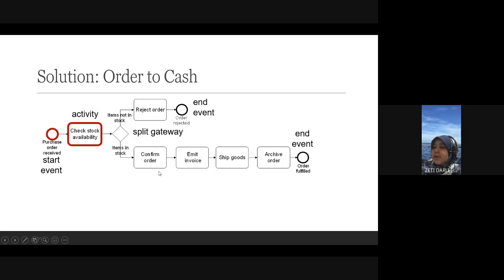Contohnya kat sini confirm order, the first one, emit invoice, ship goods and archive order. Then you go to the end event. If item not in stock, the task is reject order and then order rejected end event. Tapi even though it's simple, I think you boleh improvise this solution into more detail sikit lah.